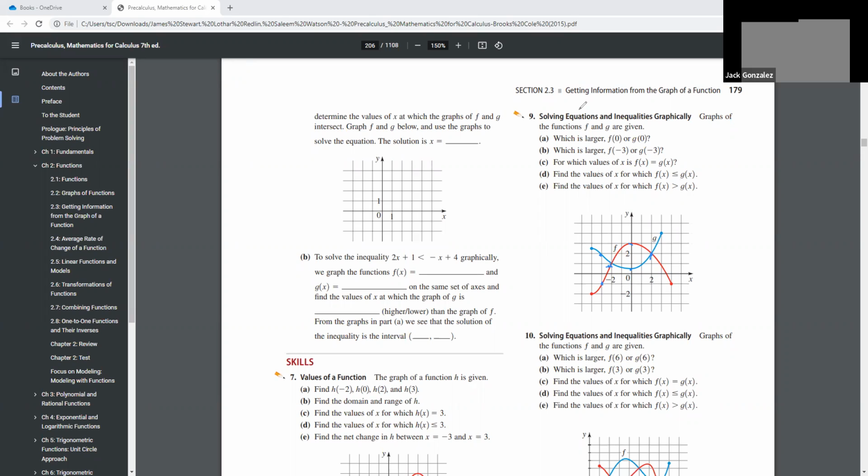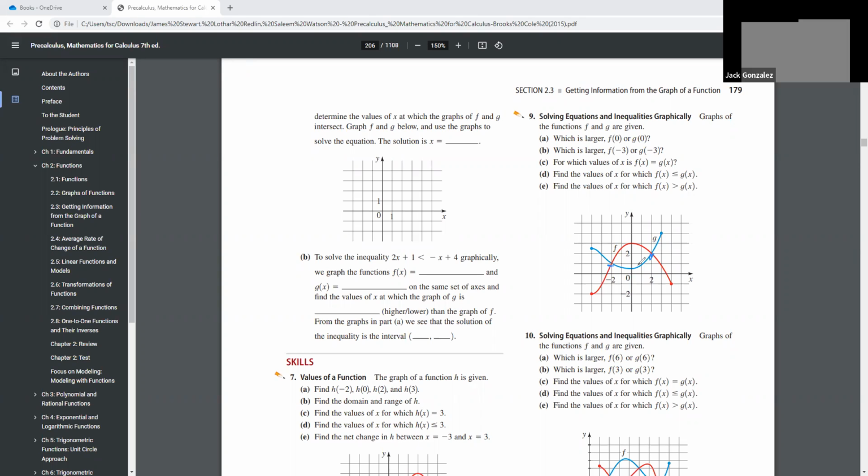Now, the D and E, where is F less than G? So right here and here, the red goes below the blue, right?